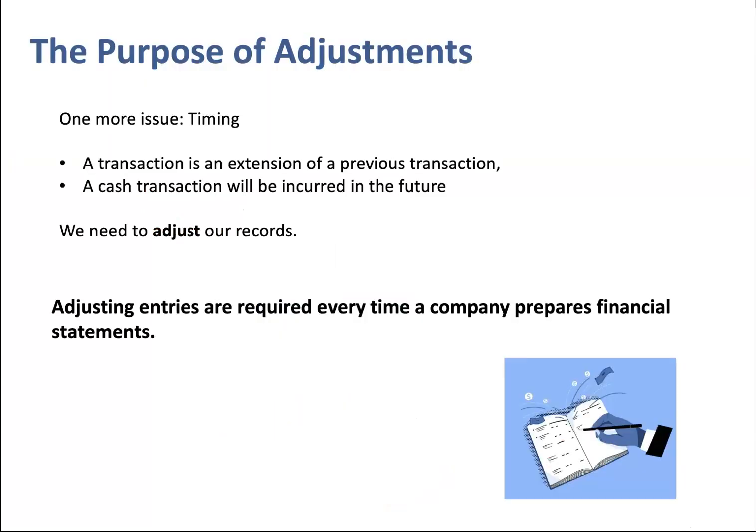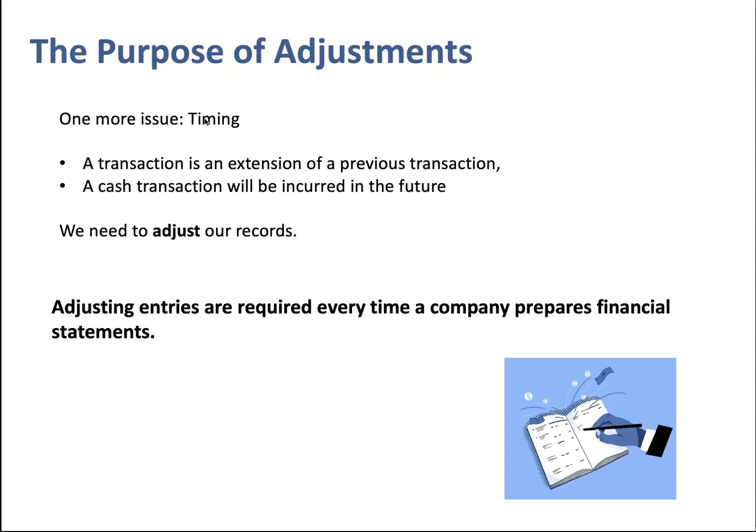Now your question may be, why do we have to adjust? Why do we have some balances that are not reflecting economic fundamentals? I'll give you some examples, but most of those examples are related to one issue, that is the timing of the transaction.